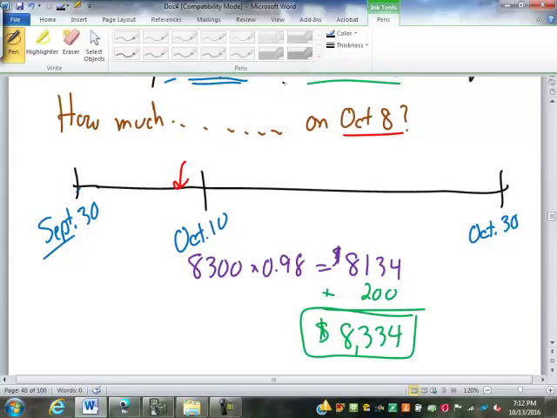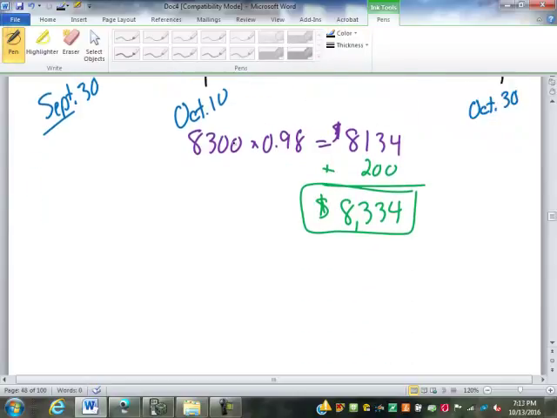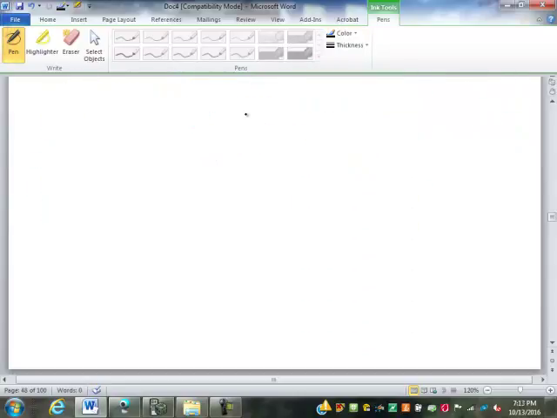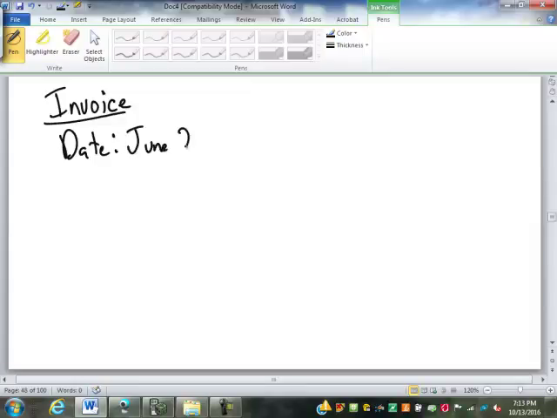I'm gonna let you guys try one here. This invoice is dated June 27th. The amount, $12,000.